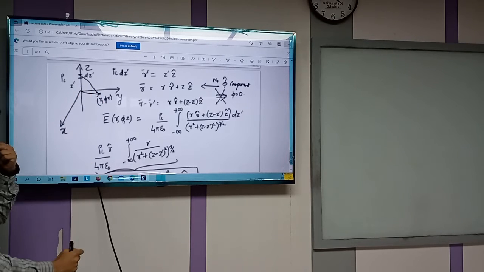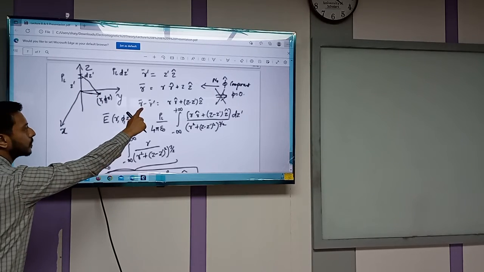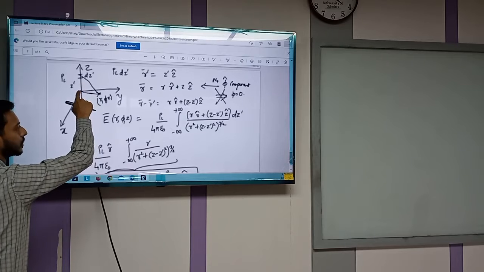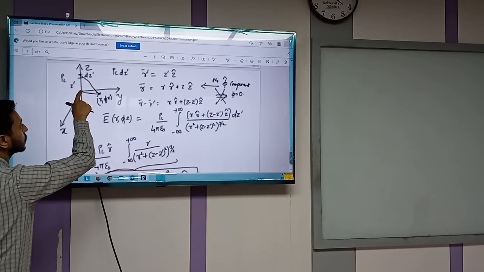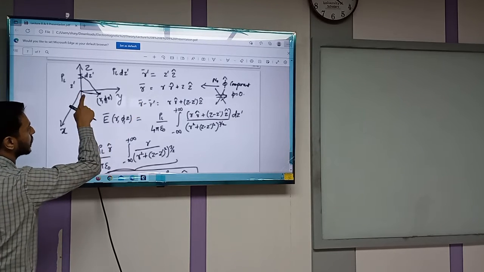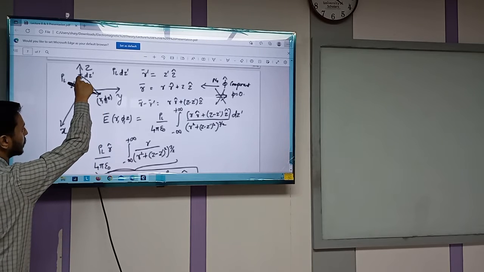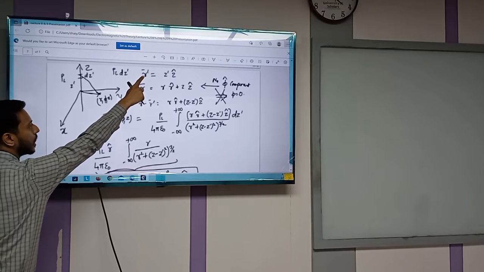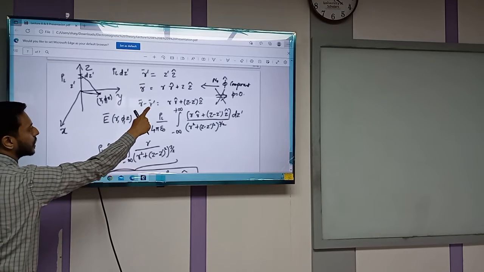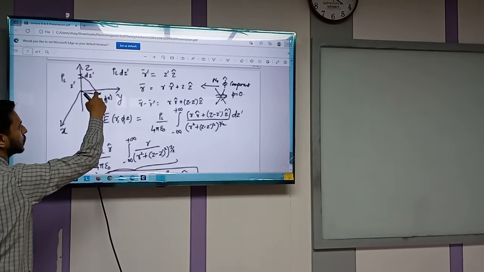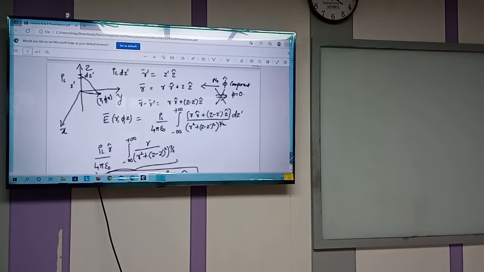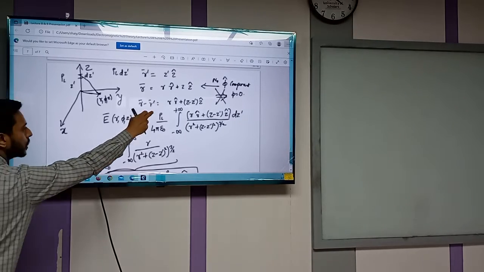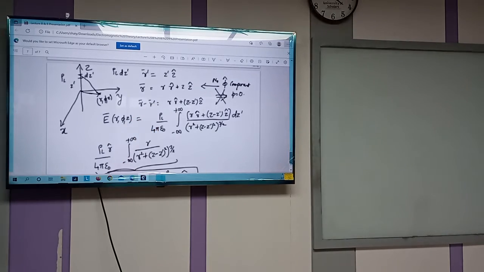This is nothing but the addition of these two vectors. R bar is this vector, and this is the vector along the z direction, which is r prime. So r bar minus r prime will give you this vector, okay. If you subtract them, the equation is something like this.